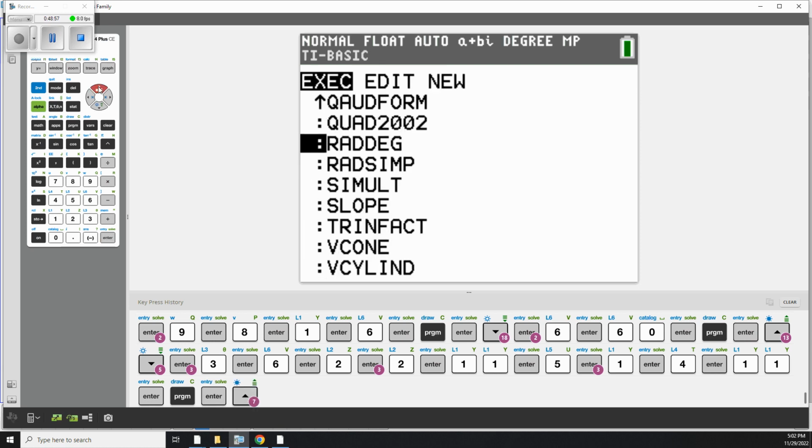I'm losing y'all. This is radians to degree. It's for trigonometry. This is slope. I want to turn everybody's attention here. I guarantee you slope is on every test. All you do is enter the ordered pairs and it gives you the slope and the equation of the line.